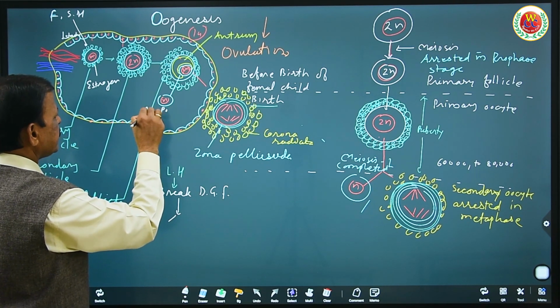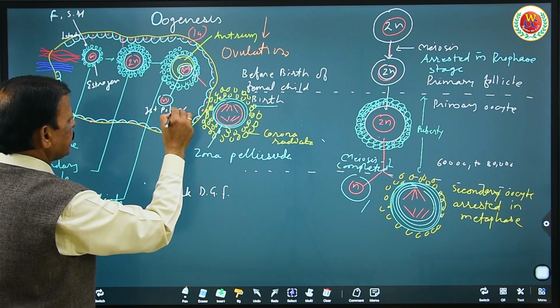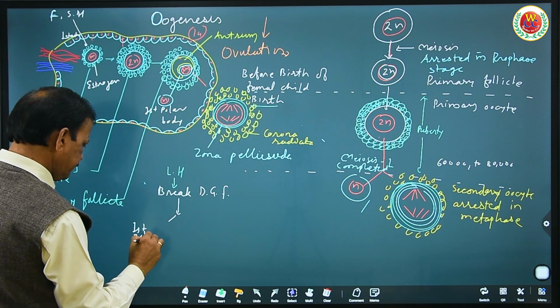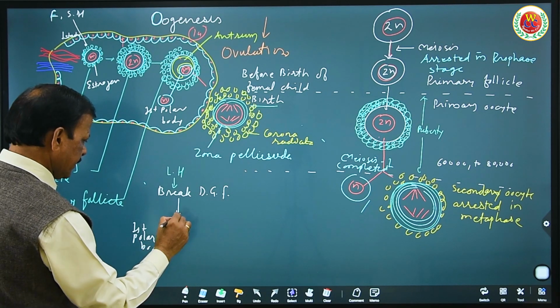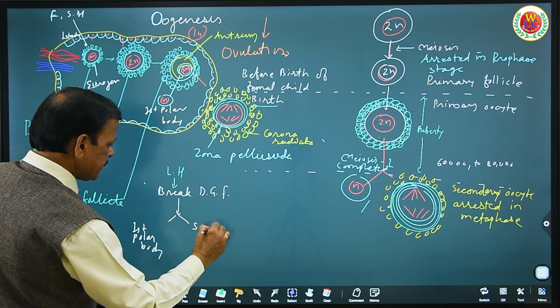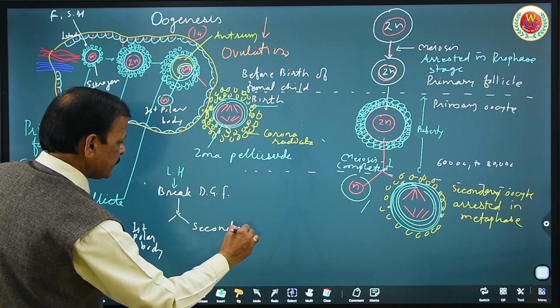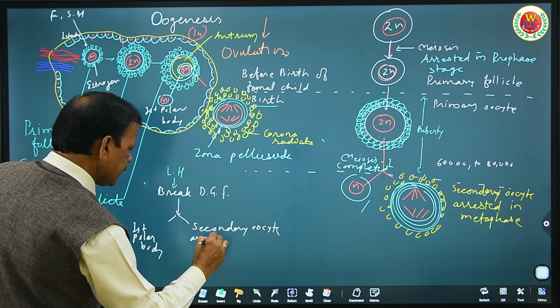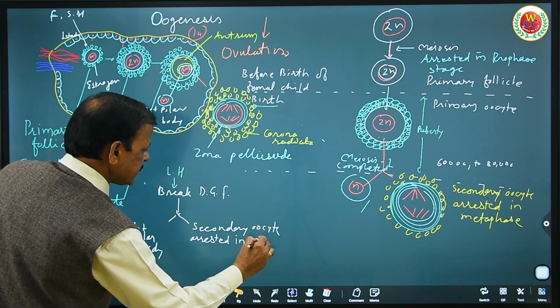This is first polar body, and secondary oocyte that is arrested in metaphase stage.